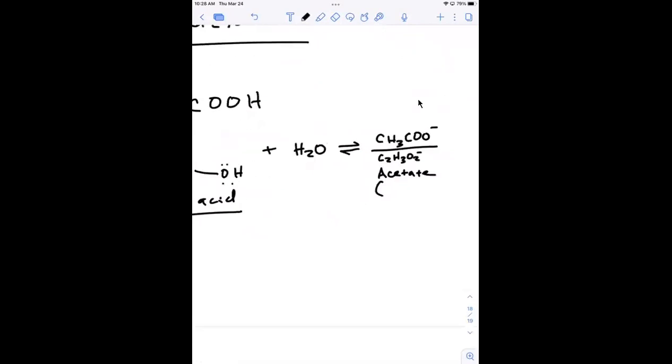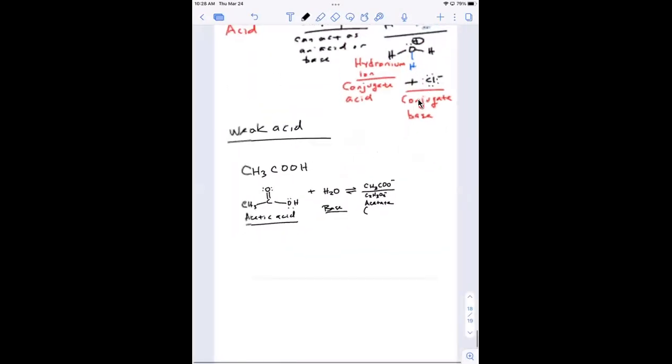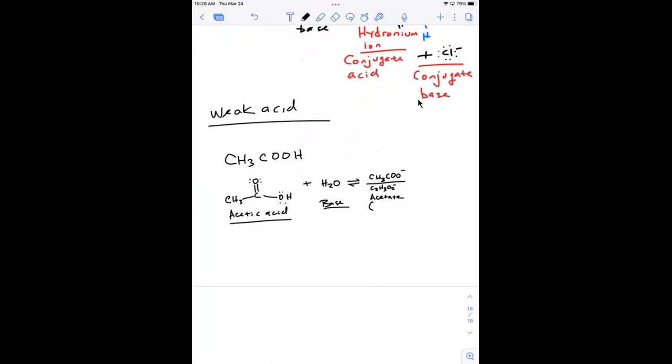If this is my acid and water is my base, what is the acetate ion in this reaction? Is it the conjugate acid? Okay, let's think about that.